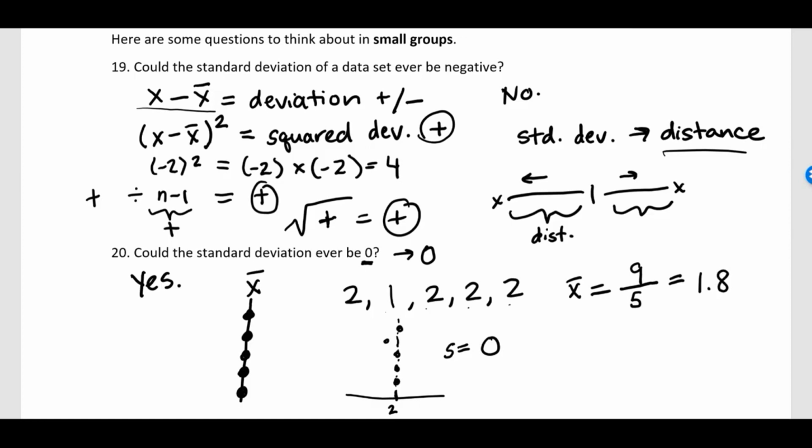So now our mean, instead of being at 2, is 1.8. In this case, none of the points are going to be exactly on the mean, so the standard deviation is not going to be 0, because we are going to have some distance there. So the only case where you can have a standard deviation of 0 is if every single value in your data set is exactly the same. Okay, so hopefully that helped with wrapping up that class.